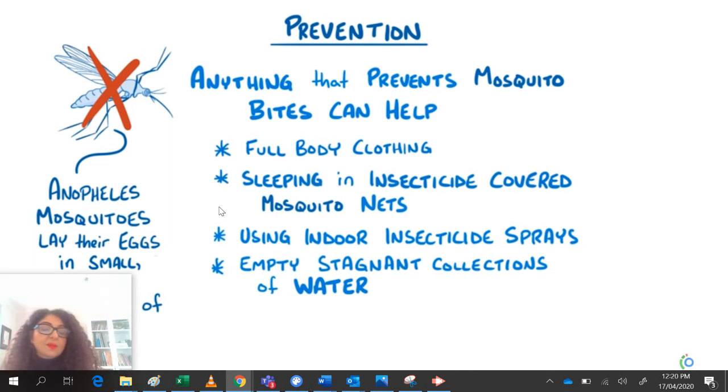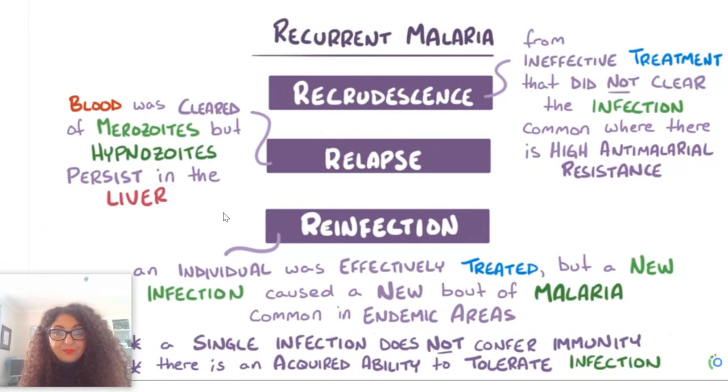For babies, sometimes they'll have a crib that has a mosquito net with a zipper around it, so they'll actually encase the baby in that. You can also use indoor insecticide sprays, and we've all used those, I assume. Something that's really important is getting rid of stagnant water collection. So if you've got ponds or anything like that, it's a good idea to get rid of those.